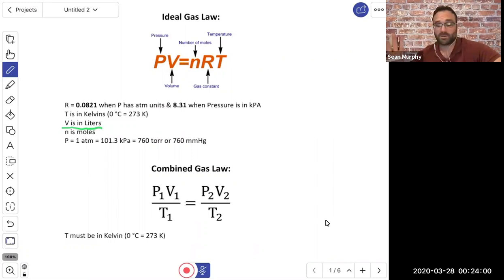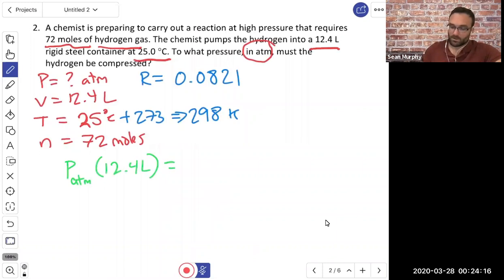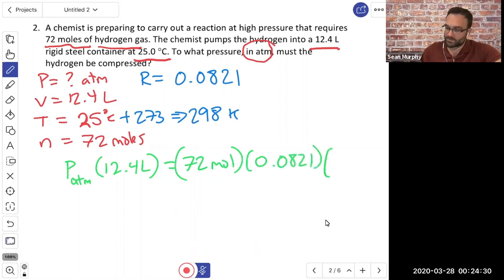Temperature always has to be in Kelvin, no matter what. We're going to be using 0.0821 for the R, and since we're using atmospheres, that's what we're going to use, okay? The number of moles is 72 moles. R is going to be 0.0821. And then temperature is going to be 298 Kelvin.